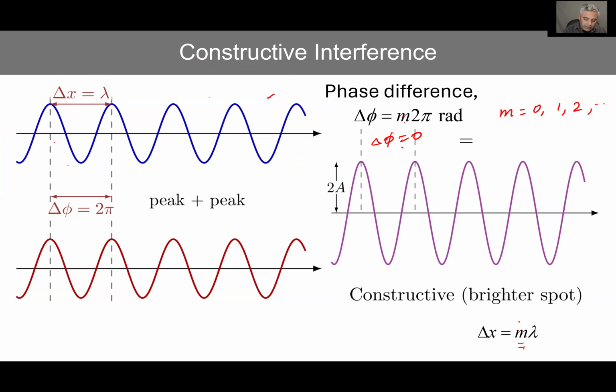If I look at this point here and this point here, just like I already said, the phase difference here is quarter cycle or pi over 2 radian. Okay. And between this point and this point is pi radian, and this point and that point is 2 pi radian.